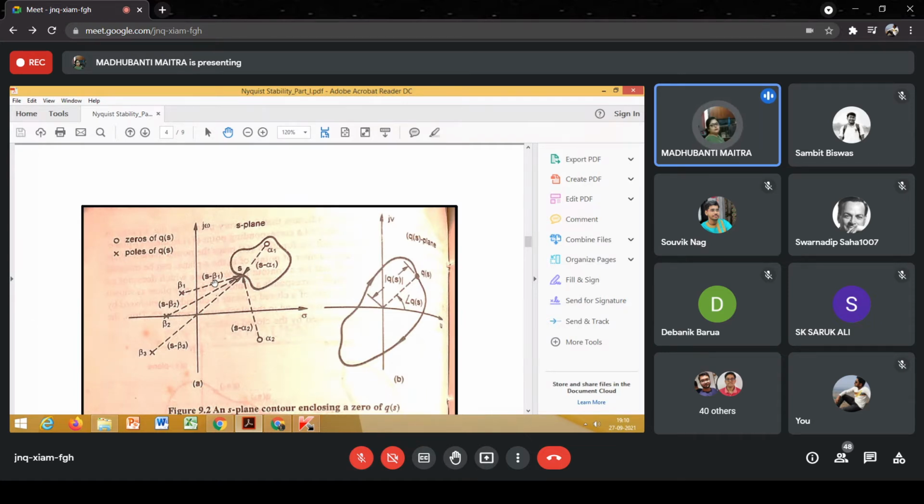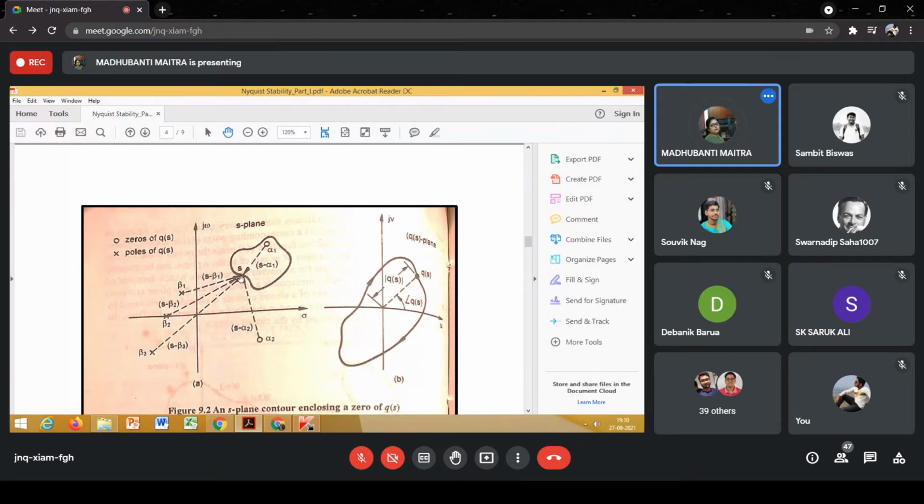Just in general, all the phasors are being depicted as S minus alpha 1, S minus alpha 2, S minus beta 1, S minus beta 2, S minus beta 3, and so on. Clear? Automatically, if the value of beta is negative, the sign will be reversed.